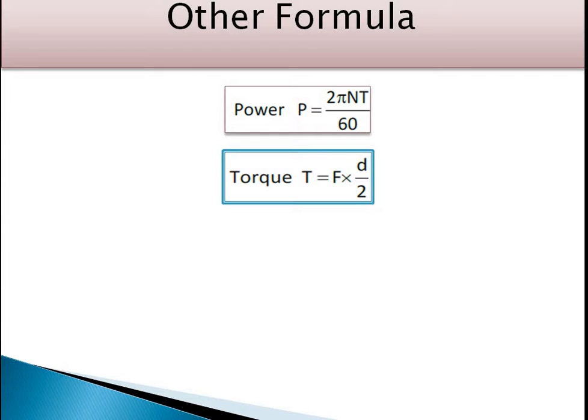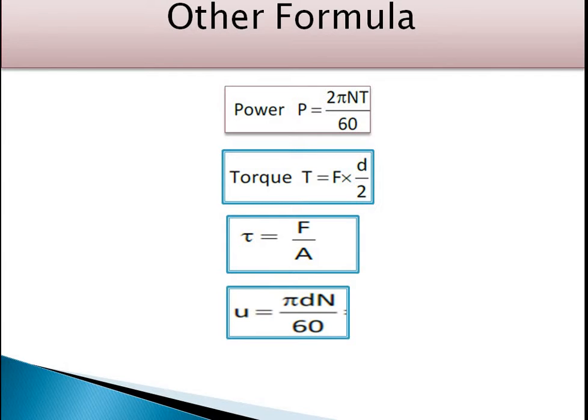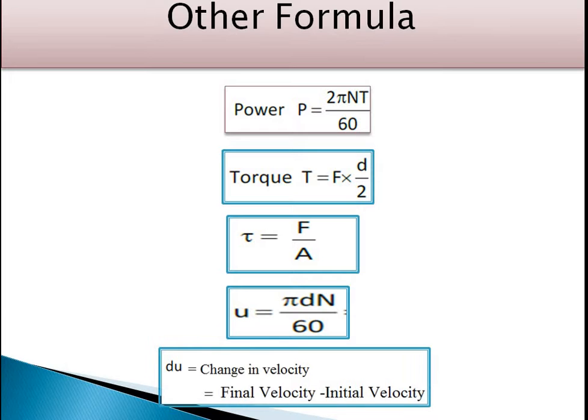The torque is given as T equals F into D by 2. By using these equations, it is possible to calculate the power. And tau is given as force upon area, F by A. So these are some formulas essential to solve the problems. And du is the change in velocity, that is, final velocity minus initial velocity.